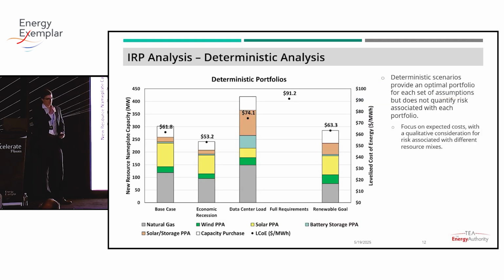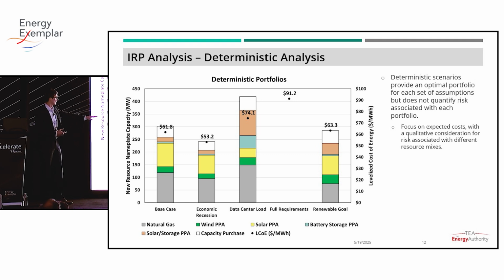So this slide, I know there's a lot going on here, but it visualizes what traditionally the end results were from one of our IRP studies before we integrated the stochastics. This is showing just some example data for a given resource planning study.